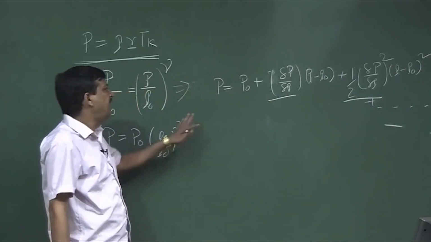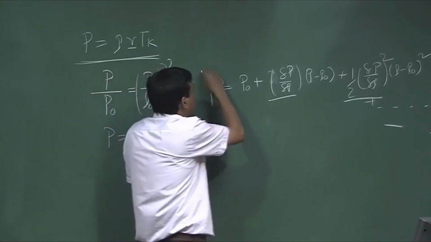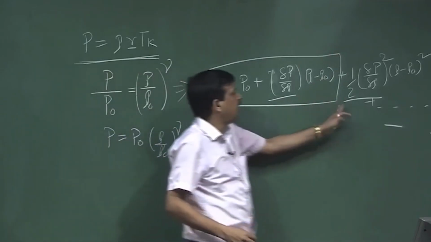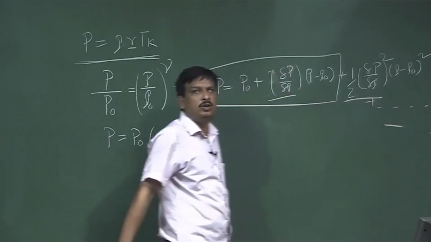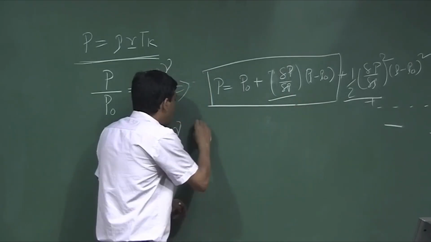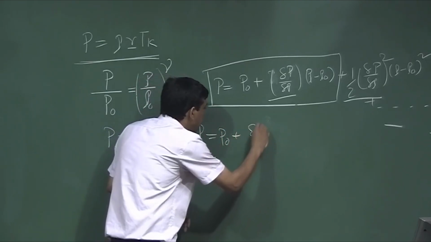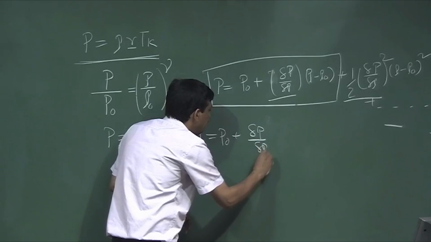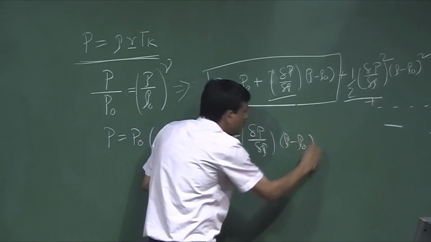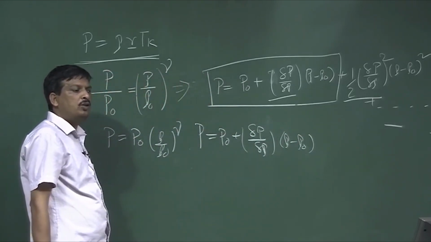Okay. Now if I say that the whole thing is a linear wave equation, then I consider only the first order term. I can neglect the higher order terms because I am explaining the linear wave equation. So in that case, total pressure is nothing but P0 plus del P divided by del rho into rho minus rho 0.